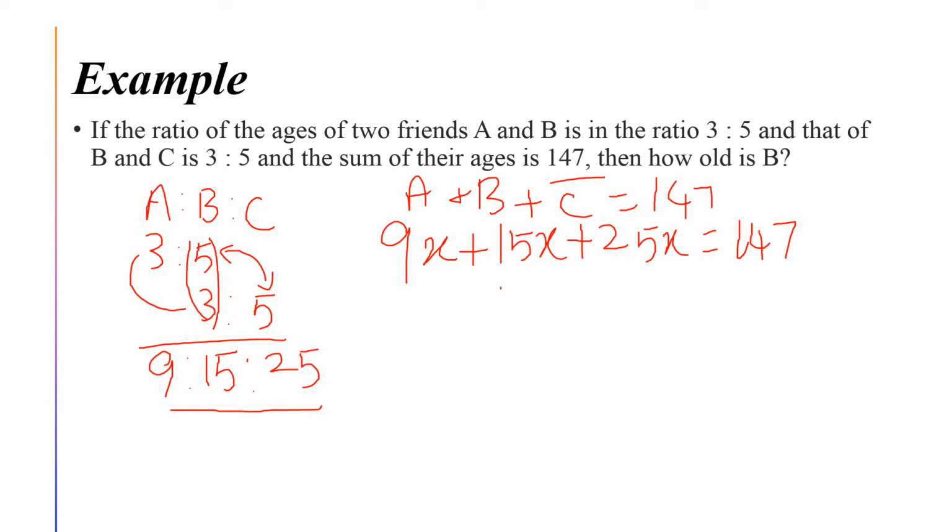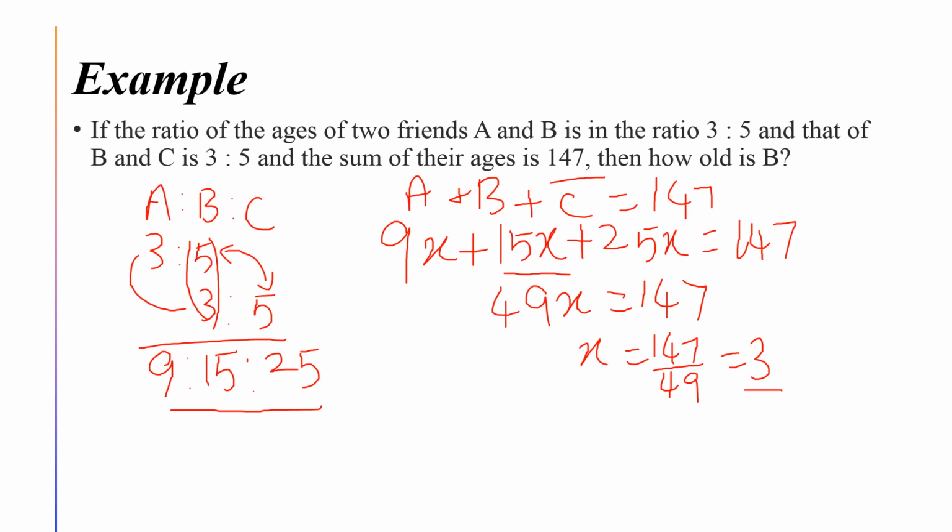That is 49x is equal to 147, so x is equal to 147 divided by 49, which gives you 3. We substitute the value of x in B, that is B is equal to 15x. 15 multiplied by 3 gives you 45. So the age of B is 45. Next, move on to the next problem.